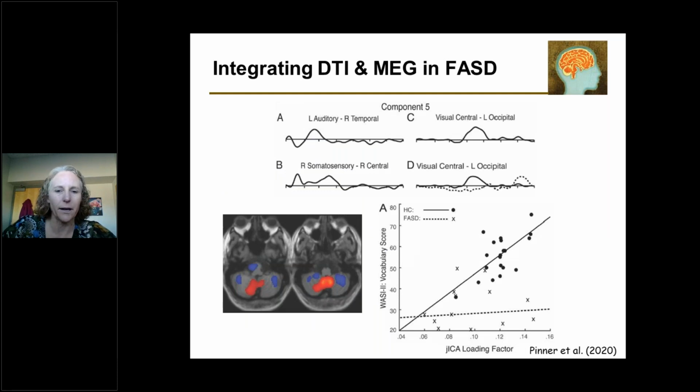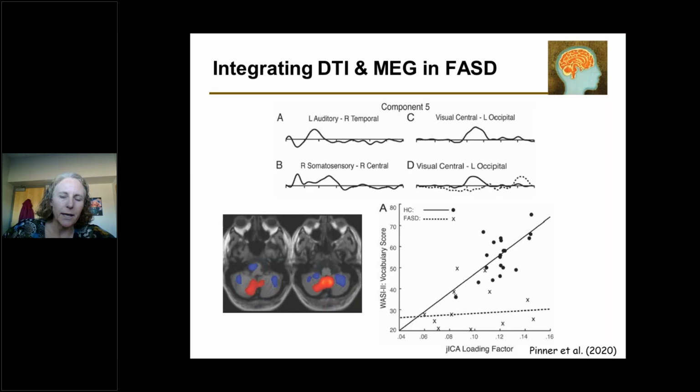And then in our FASD study, we found in particular that there was one component, component 5, that was related to sensory responses and linked to the cerebellum. So differences in white matter in the cerebellum were directly related to amplitudes in our sensory responses with MEG.